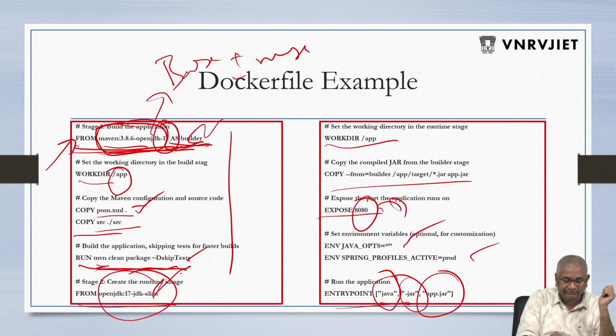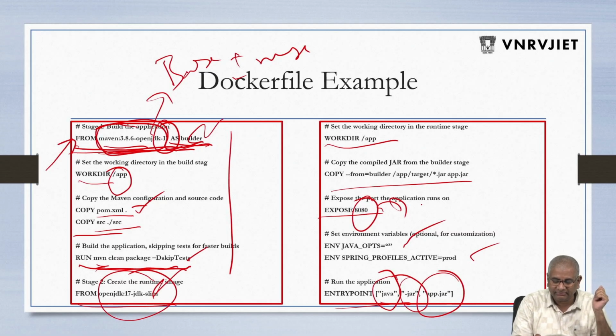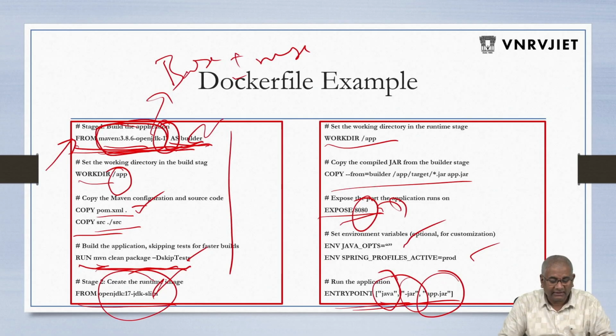Then we created another image from the OpenJDK, copied into that another image, then into the current image. Then we are creating the working directory. Then the copy command copies the files into this jar file, and it exposes 8080, the environment and the entry point. This is how the whole Docker file runs, right?